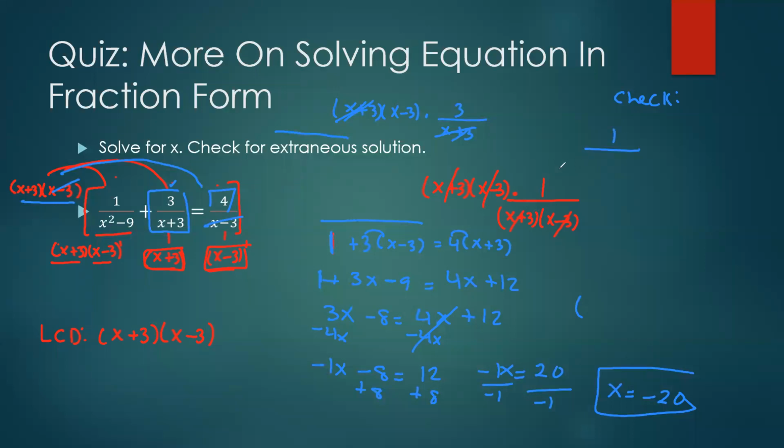Where we see x, plug in negative 20. Negative 20 squared is 400, minus 9 is 391. And then what's negative 20 plus 3? Negative 17.